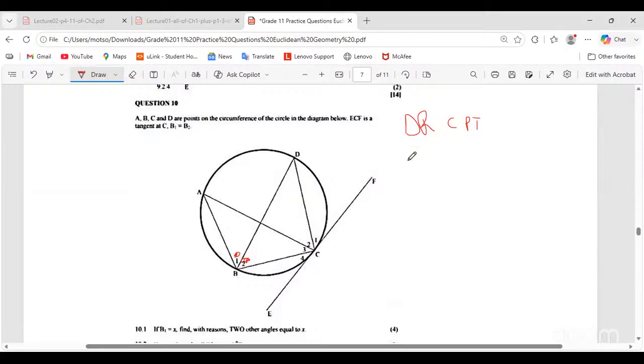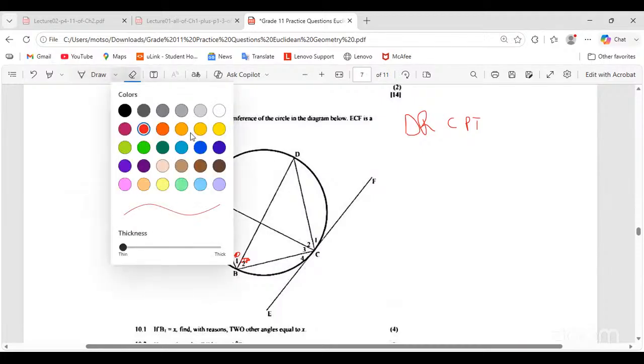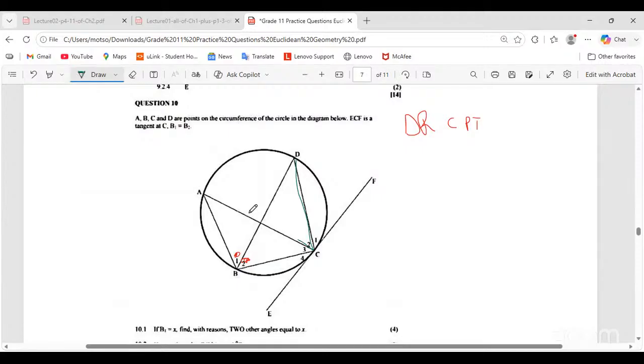Now we'll go for C, cyclic quad. We don't have a cyclic quad like this, but we have that bow tie shape here. We can identify it here. It is A, B, D, C. Therefore, we can go for angles in the same segment.